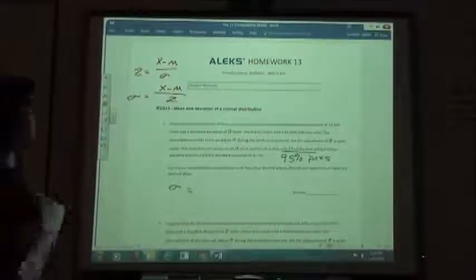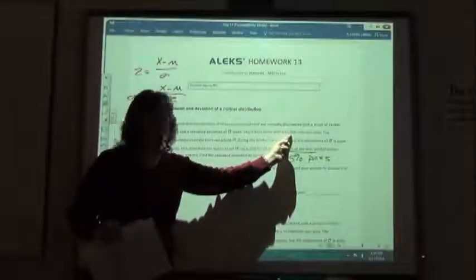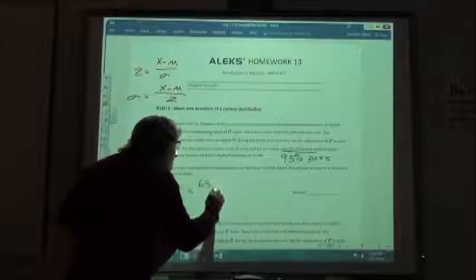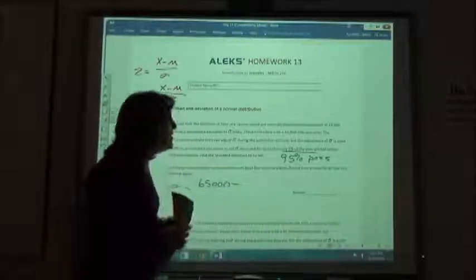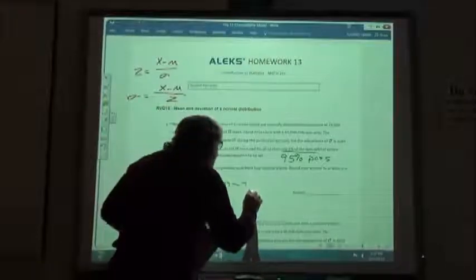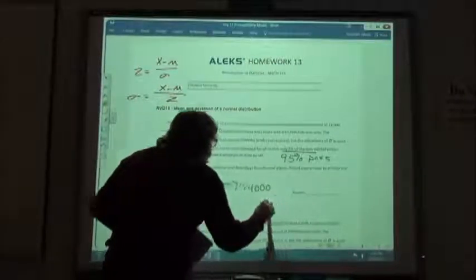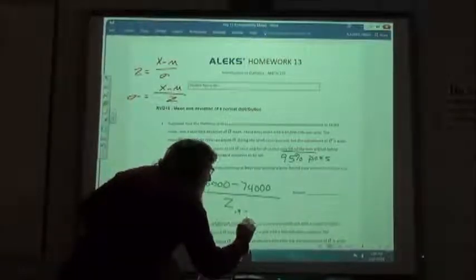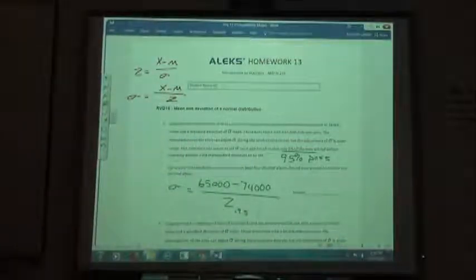And so our x value is going to be the 65,000 mile warranty minus the mean, said was 74,000 here, over z sub 0.95, since we want 95% of them to pass.